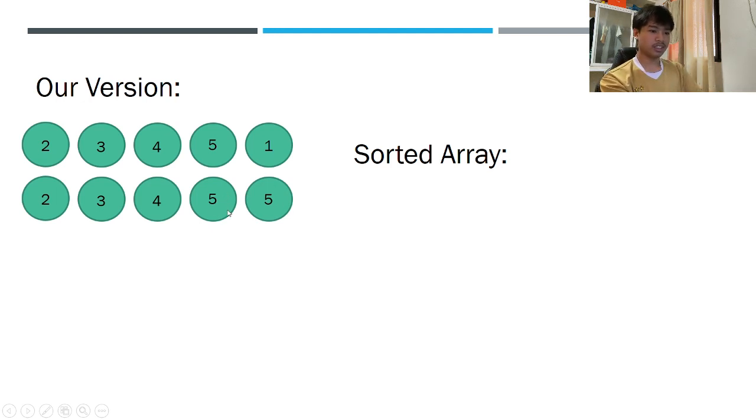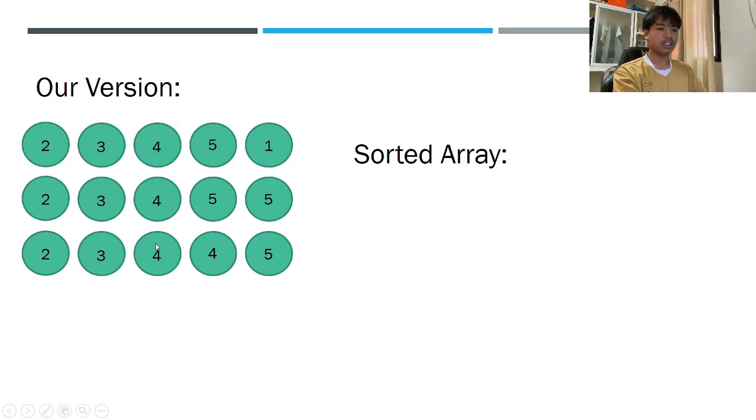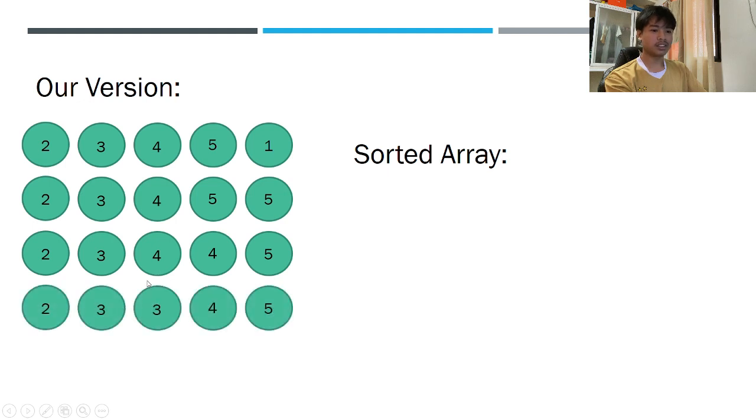Next, 5 is going to clone itself to the position of index 4, because we already had two 5s here, so that's not going to work. After that, these two are going to be compared, index 1 and index 2.